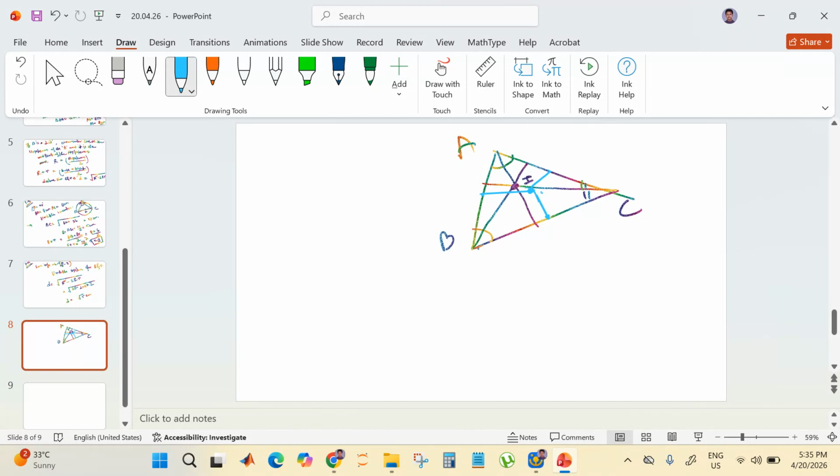Suppose it is G. So IG, this is the distance. You can observe there is a distance between I and G. So this distance you have to find. This D equals root over of R square minus 2 into capital R into small r.